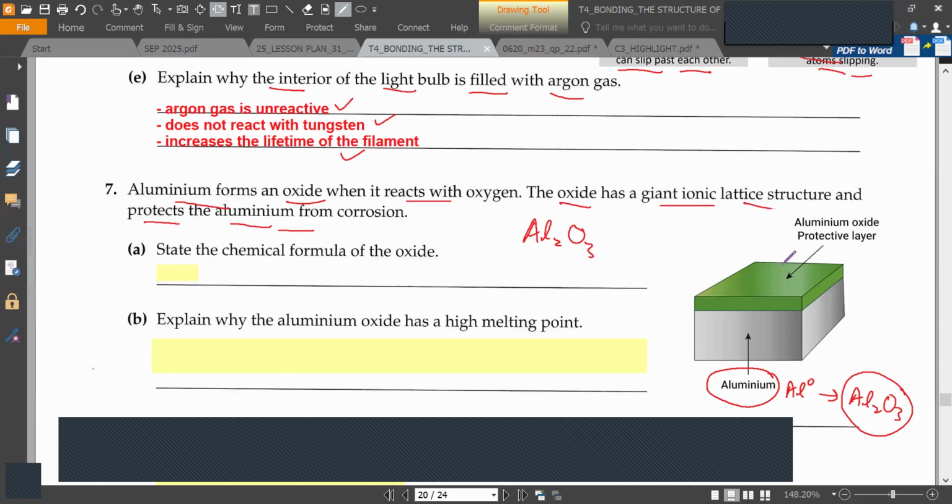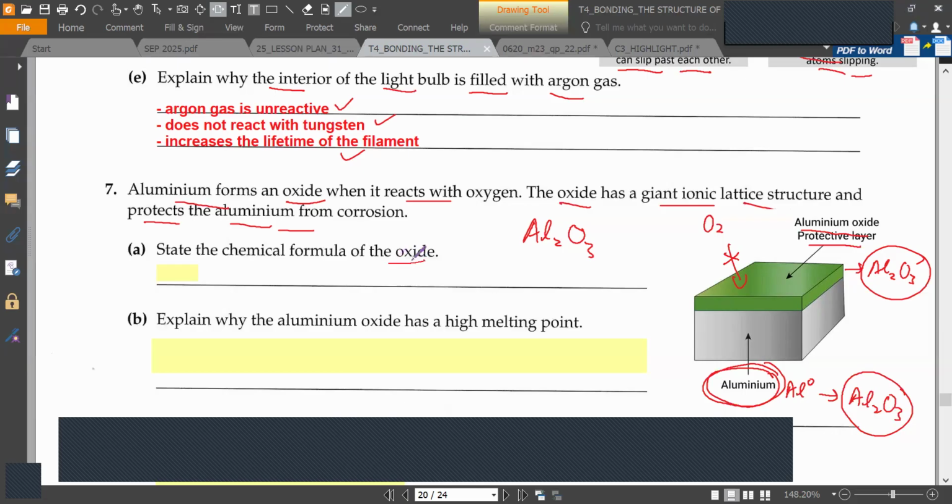But if on the surface it has a layer of aluminium oxide, the oxygen cannot go inside. Oxygen cannot go inside, so the aluminium can still remain as metal. So that's how this aluminium oxide acts as the protective layer.